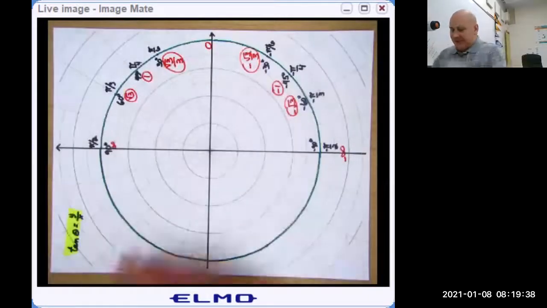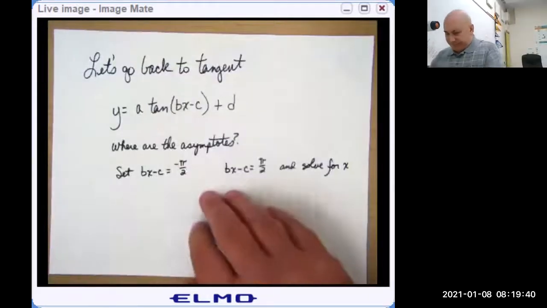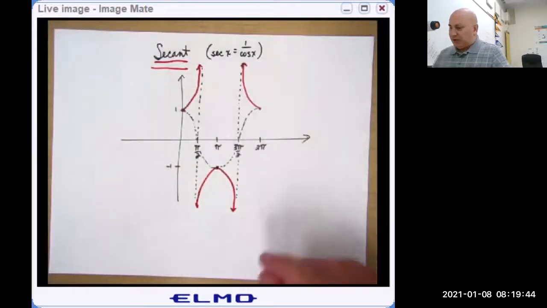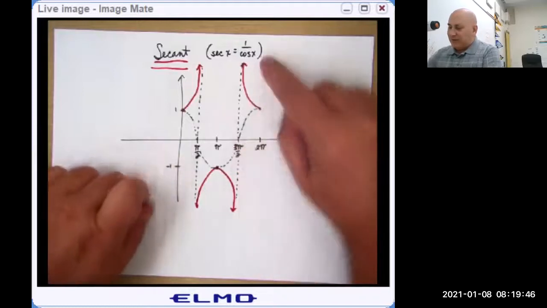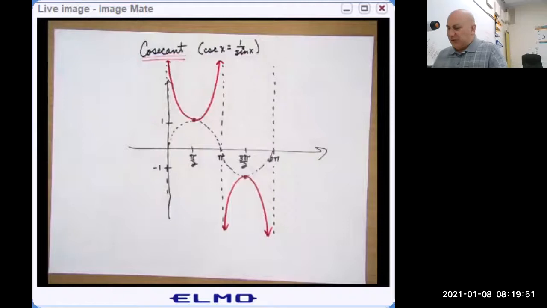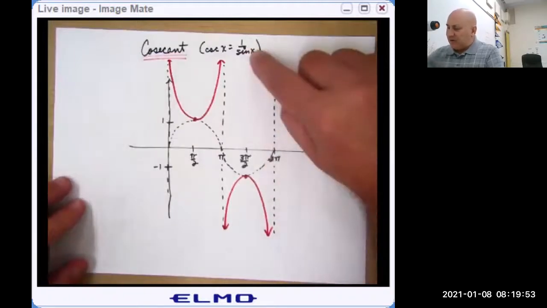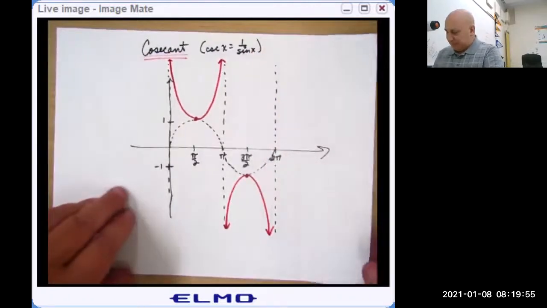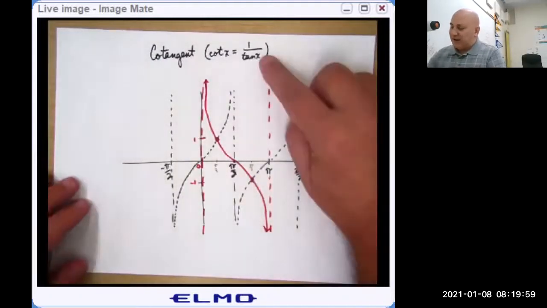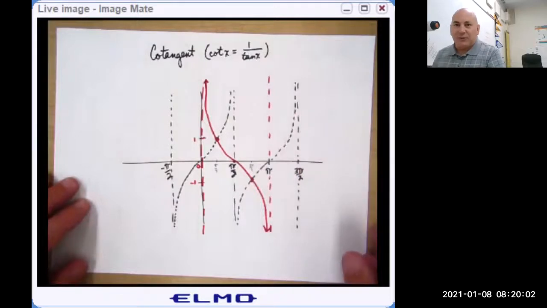So in order to graph secant, graph the cosine curve, then just start taking reciprocals. For cosecant, graph the sine curve and start taking reciprocals. And for cotangent, graph the tangent curve and take reciprocals.